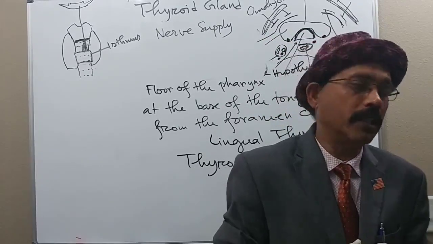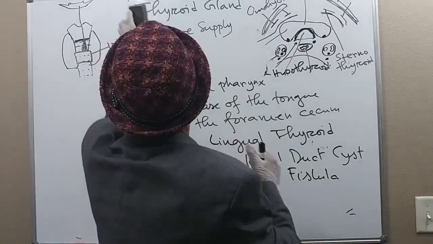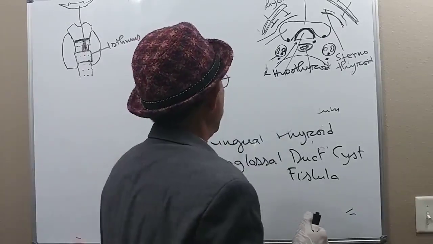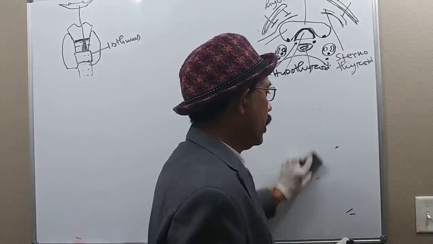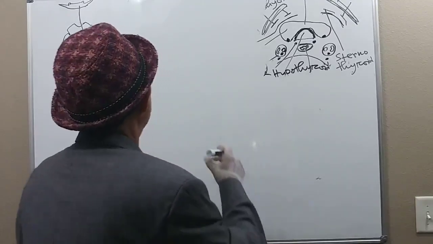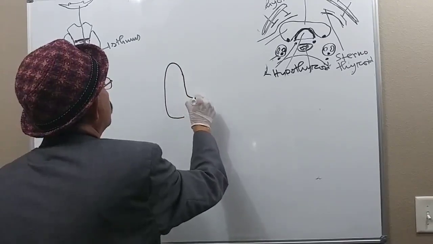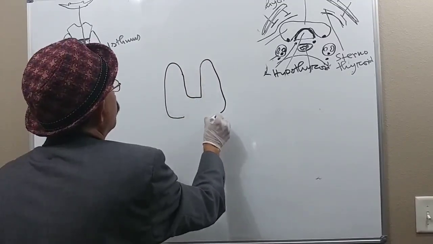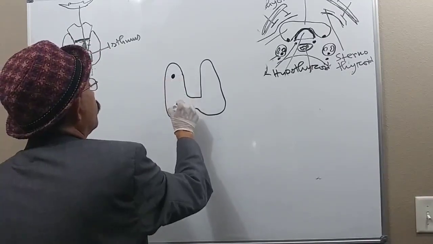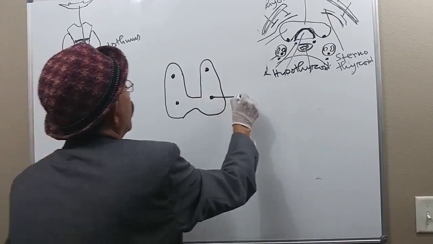We'll go to the parathyroid gland. Where is my parathyroid gland? Parathyroid glands are present posterior to the thyroid gland, along its posterior border, and we have 4 parathyroid glands.